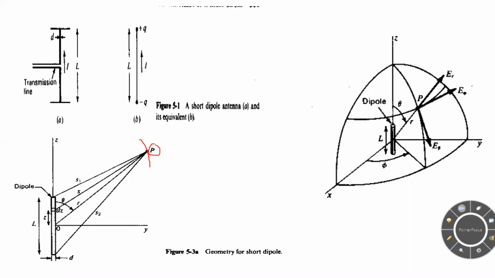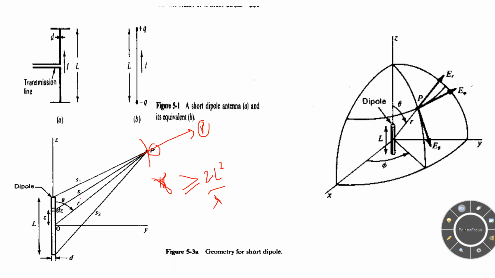If this observation point is moved further such that this R satisfies R greater than or equal to 2 L square divided by lambda, then the point P will be under the far field condition.